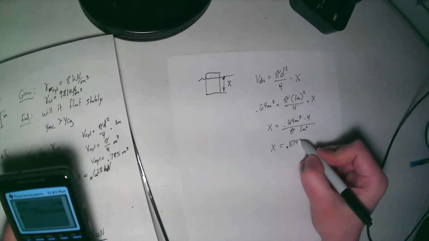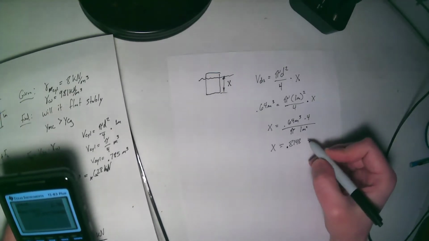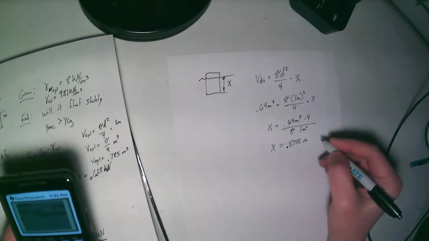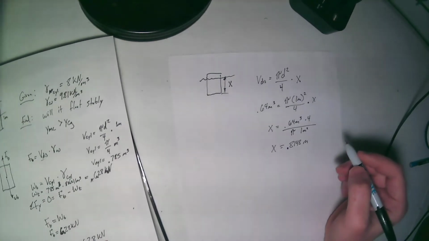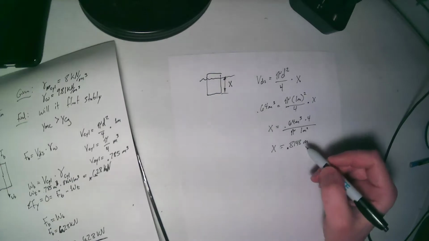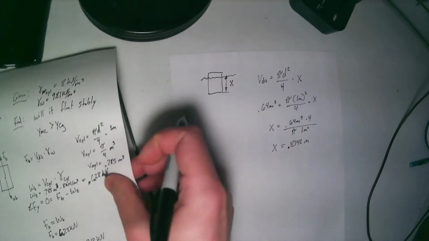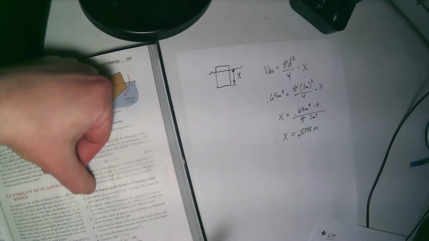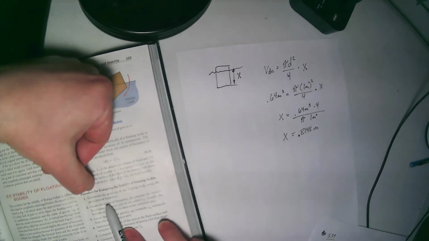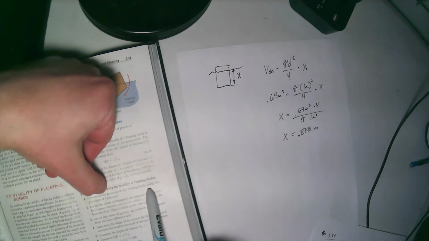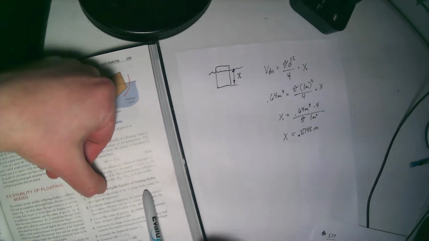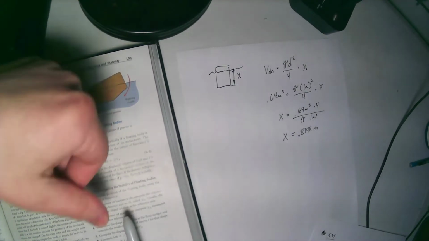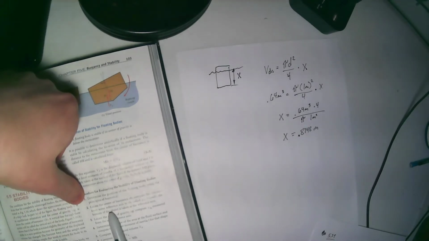So we could round that up to 0.815. That's the answer I get for this X distance, where we sit in the water. So we look at our procedure here. We want to determine the position of the floating body. So that's one of the first things we wanted to do.